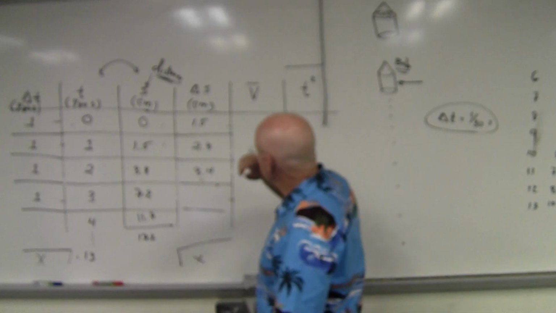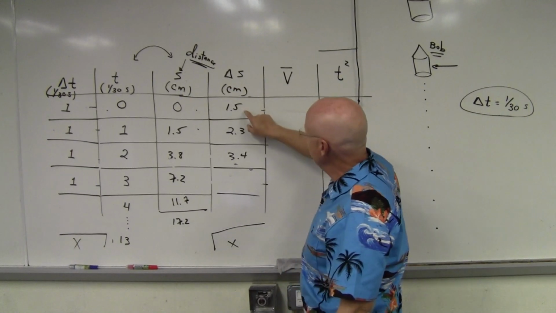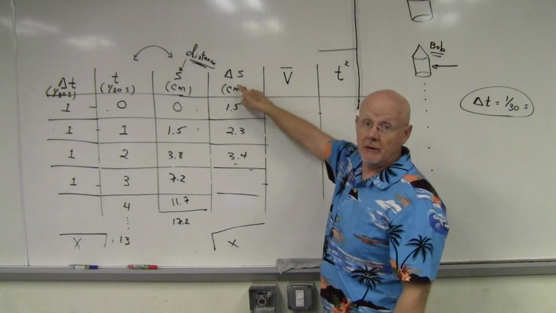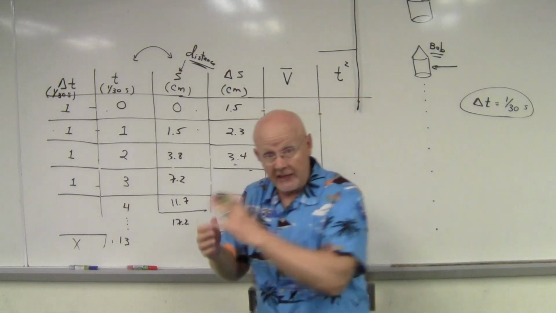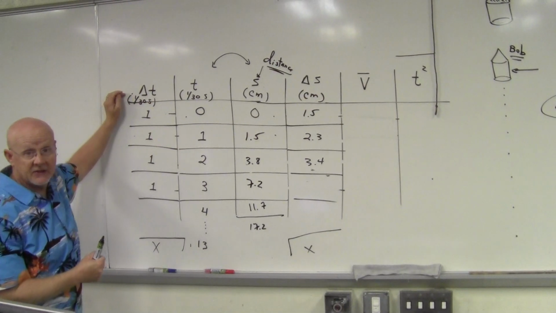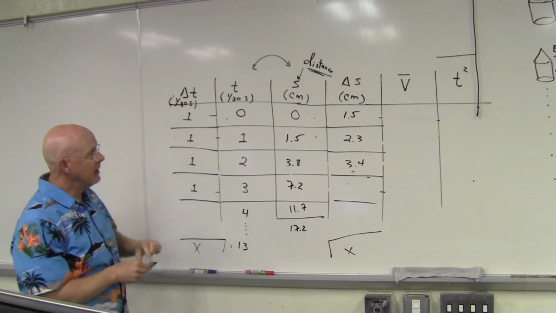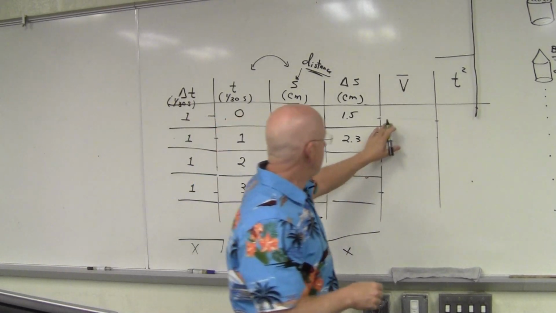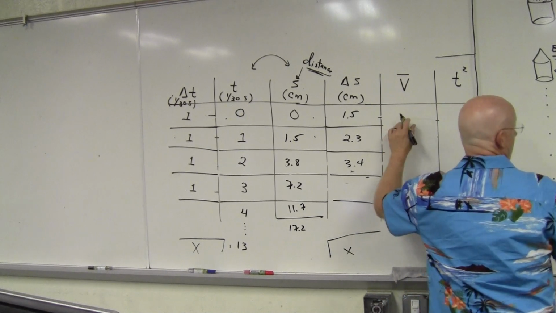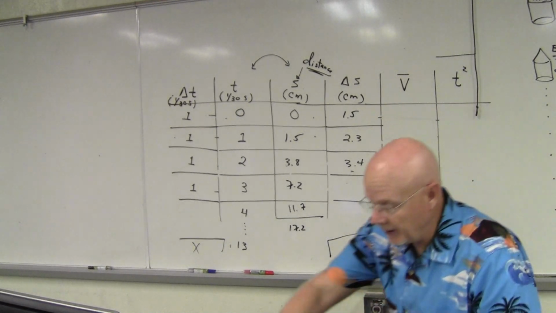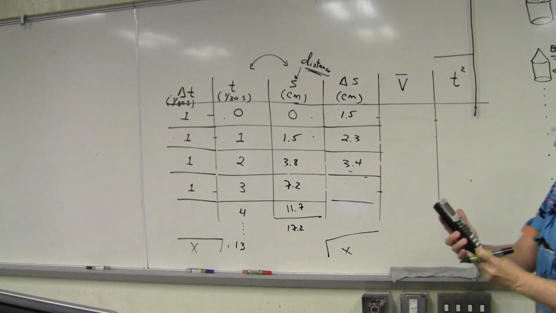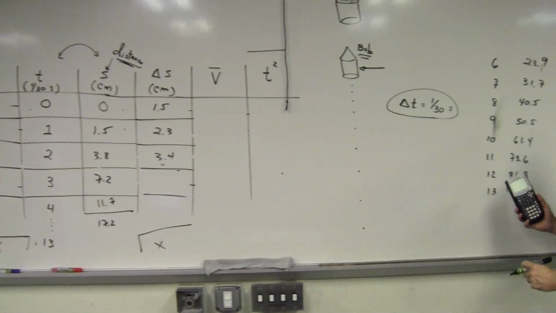So what they want you to do in this column is to take, well, how far did it travel between the 2 points? That's why we have this right here. That's the delta S. And how much time did it take? Well, that's why we did this column. That's the delta T. And so right here, they would want you to put, and here's where a calculator can come in real handy, so I'll grab my calculator.